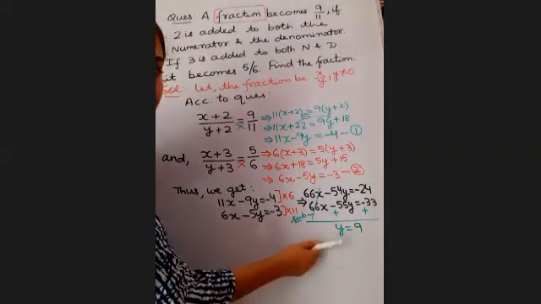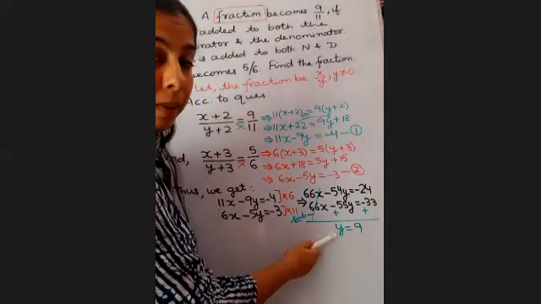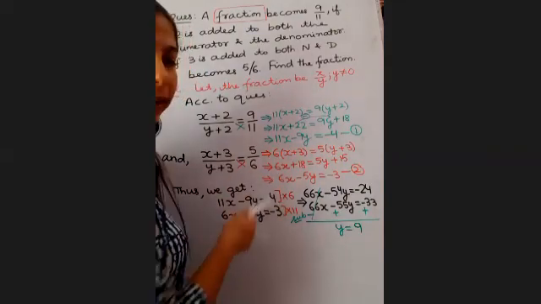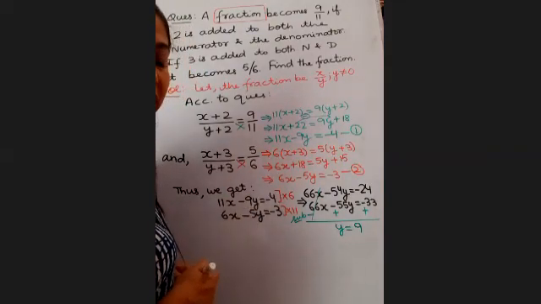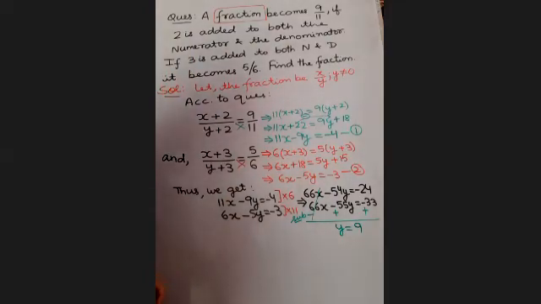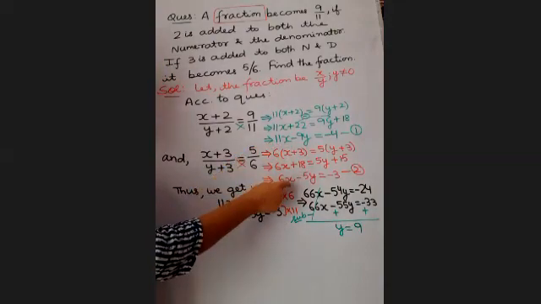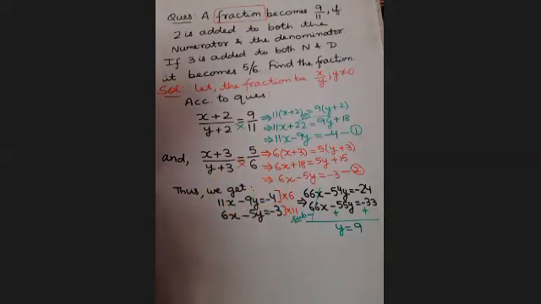Make sure that both x and y must come out to be positive. If not, check your calculations and equations because fraction cannot be negative as I said you earlier. Now y is equal to 9. You may put in 1 or 2 to get the value of x. Okay, so let me put it in, let's say 1.